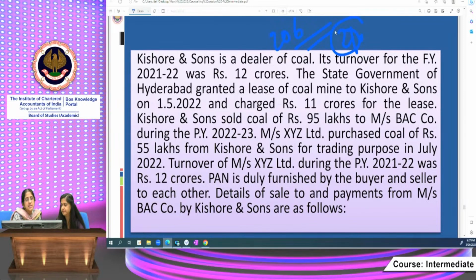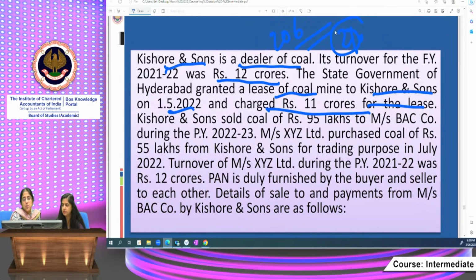Now let us see. Kishore and Sons is a dealer of coal. Its turnover for the year was 12 crores, which is higher than 10 crores. The state government of Hyderabad granted a lease of a coal mine to Kishore and Sons on 1/5/2022 and charged 11 crores for the lease.